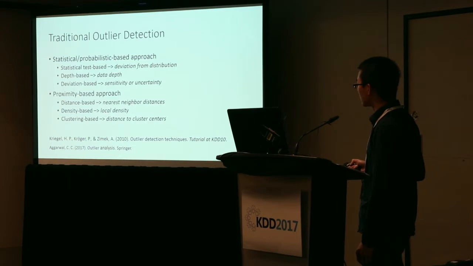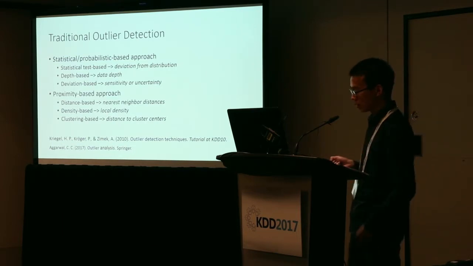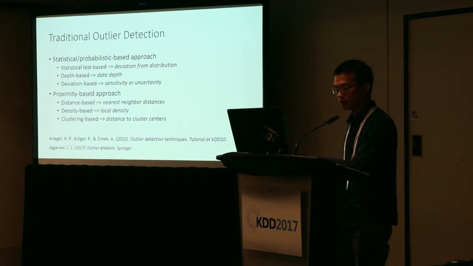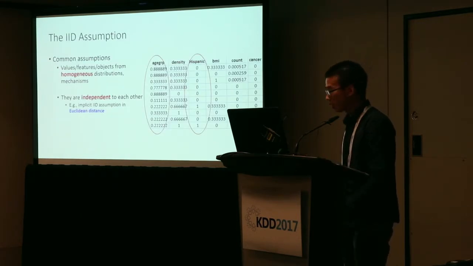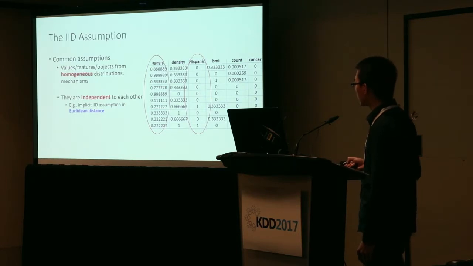So these are some popular methods in the domain of outlier detection. Most of them have IID assumptions here.